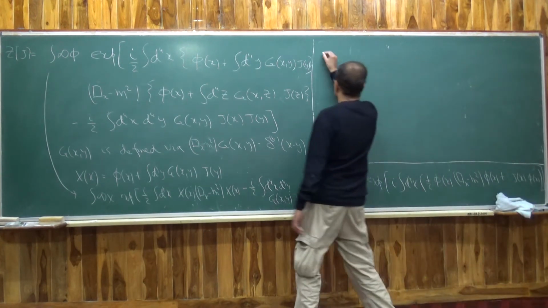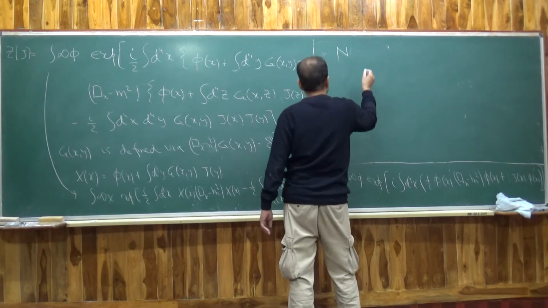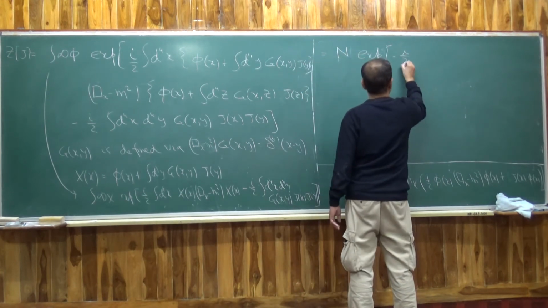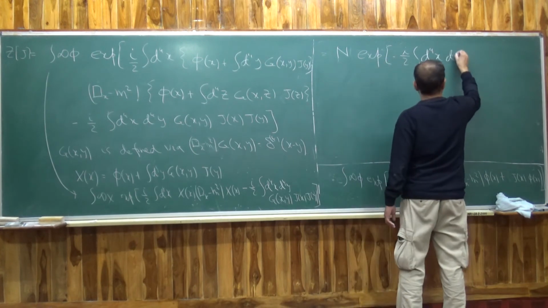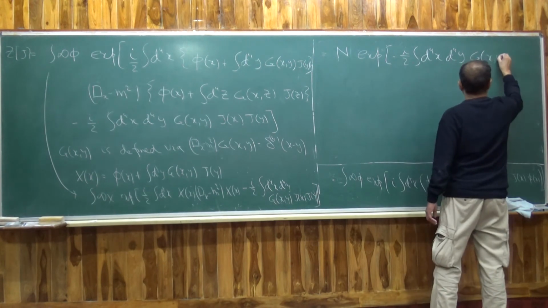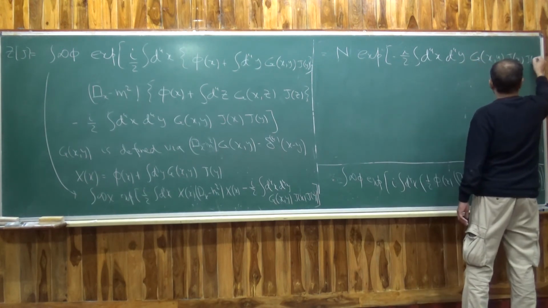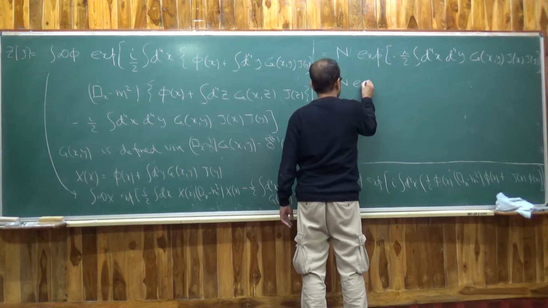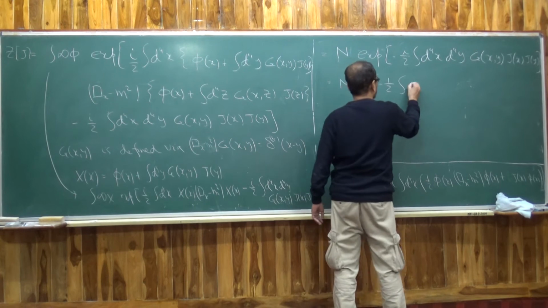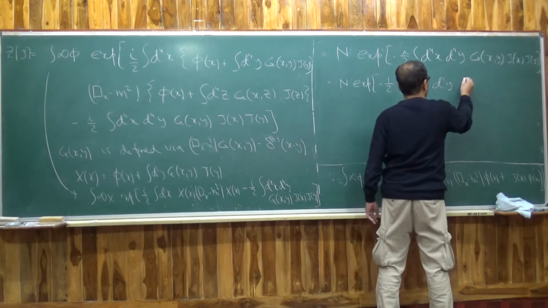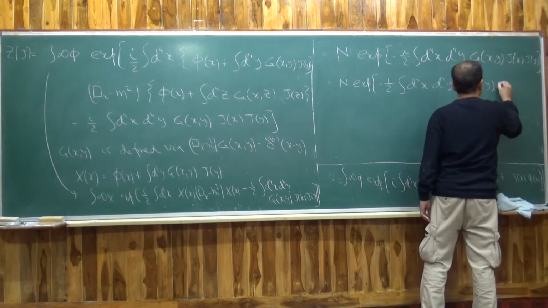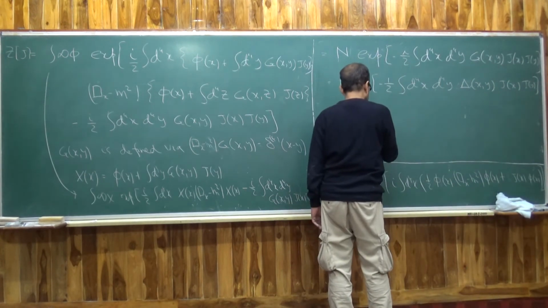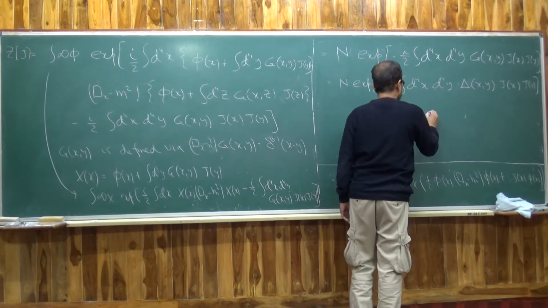So I can write this as some normalization constant n times exponential, and it's useful to write this as n exponential minus half, where delta xy is i times g xy.